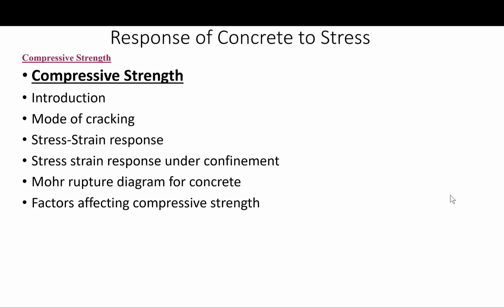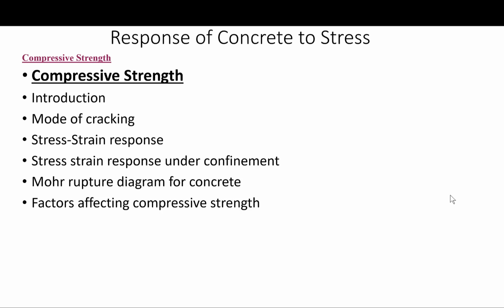The method and details of testing will be discussed in the hardened concrete properties lectures coming up in the next module. Here we will briefly mention the mode of physical response of concrete to compressive stress, the resultant stress-strain curves, and the effects of testing system properties on the response.